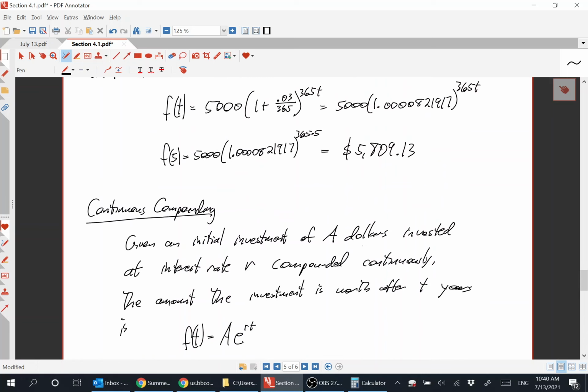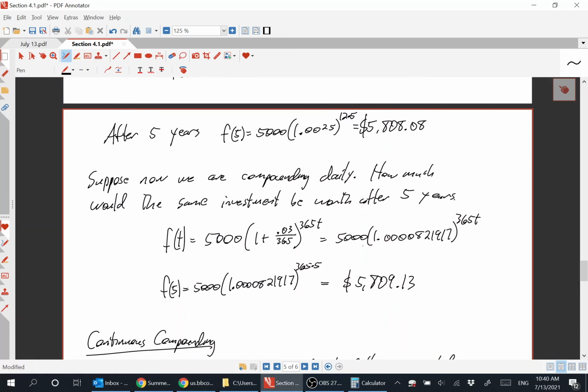So compare that to the answers from before. Compounded monthly, $5,808.88, or $5,809.13. So that was compounded monthly. Compounded daily gave you a little bit of a kick, but not that much.